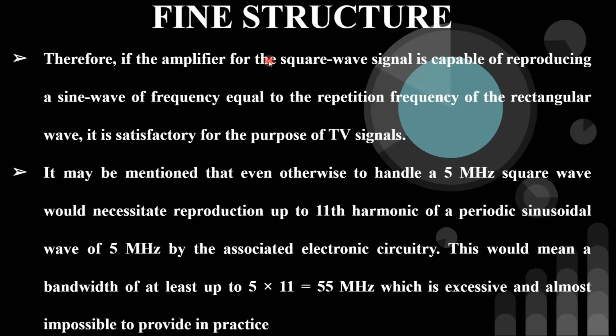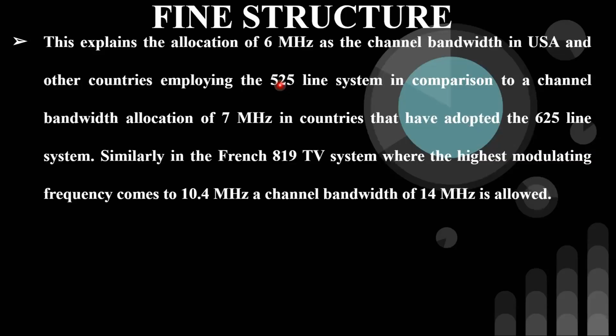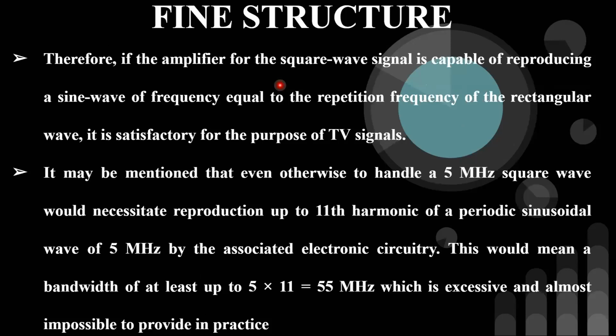So it may be noted that even so there is a 5 megahertz requirement for reproduction. It may be mentioned that to handle a 5 megahertz square wave would require reproduction up to the 11th harmonic of the periodic sinusoidal wave of 5 megahertz.